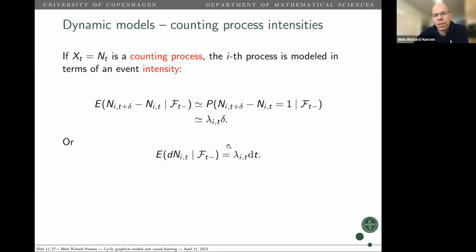So returning to this heuristic or informal specification, it contains the main measures here. The conditional expectation of the infinitesimal increment here, given the history, is given by the intensity that is a function of the history, and then the length of the time interval.